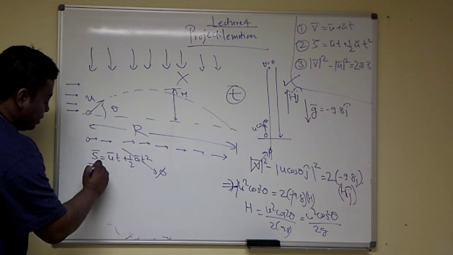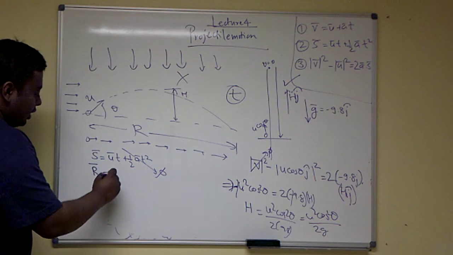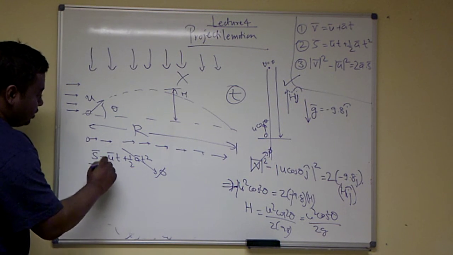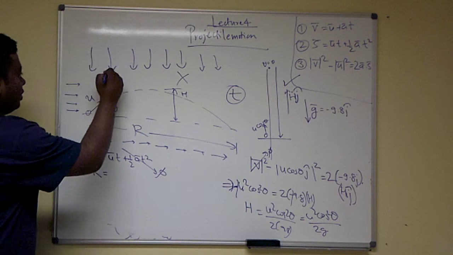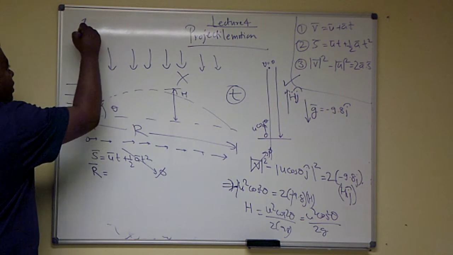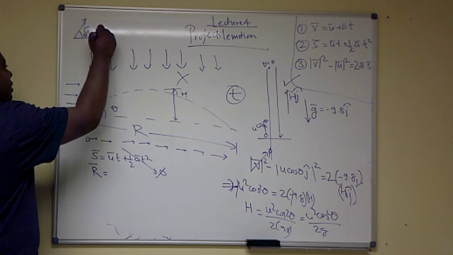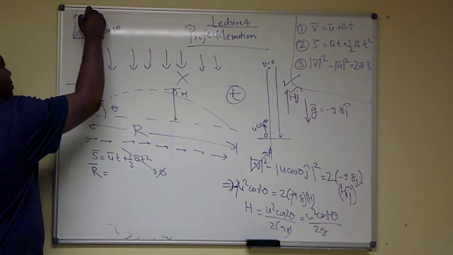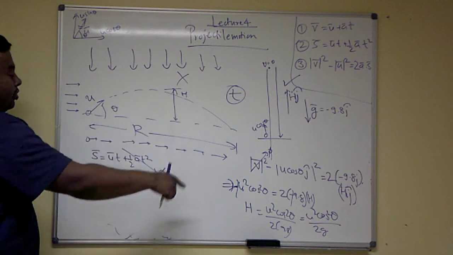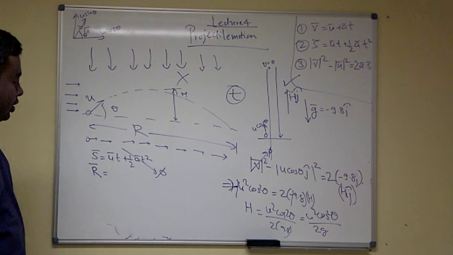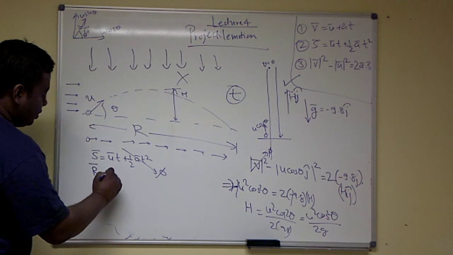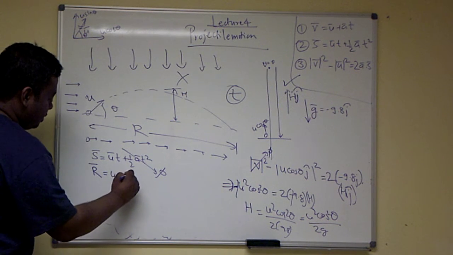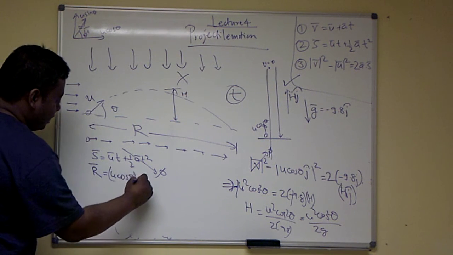My S vector is r vector, and my initial velocity in the horizontal direction is u cos theta. Already we know the velocity in the vertical direction is u sin theta. So your r vector is u cos theta I cap times t.